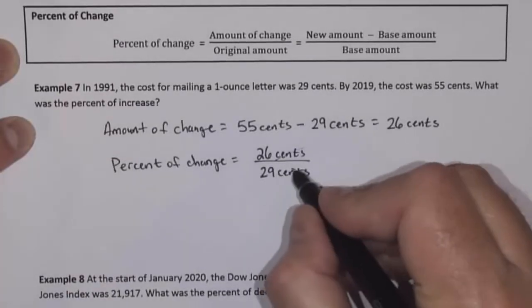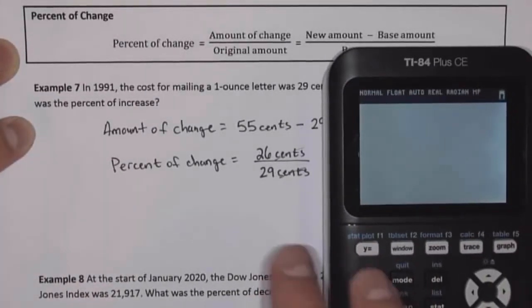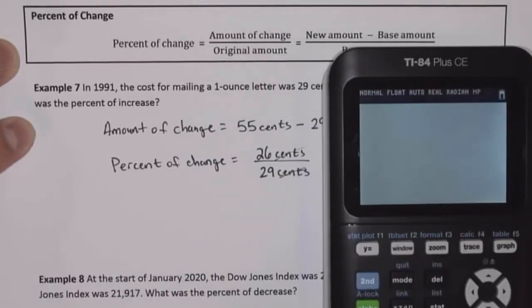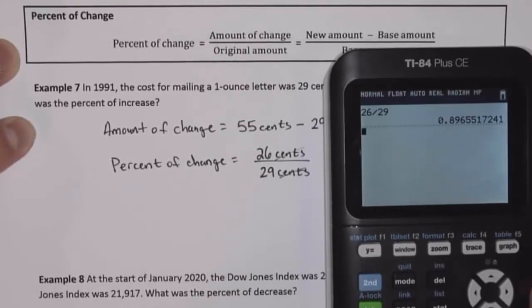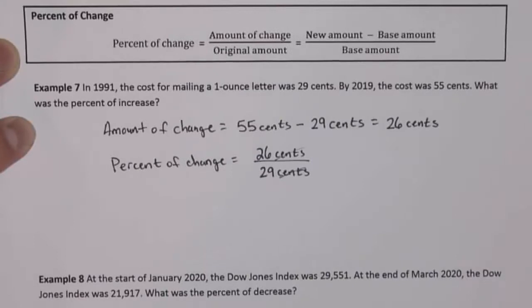Notice that the units cents will cancel out, and we'll be left with the decimal equivalent of the percent. If we take 26 divided by 29, that gives us 0.8965. So actually, if we round that to 3 decimal places, that will be 0.897.